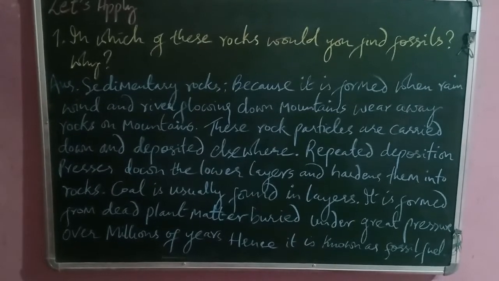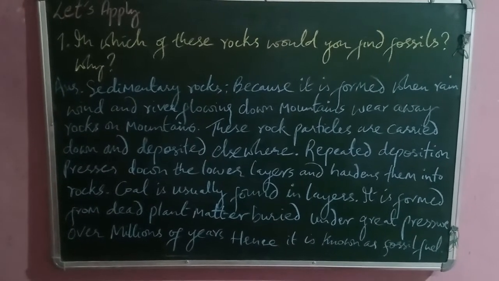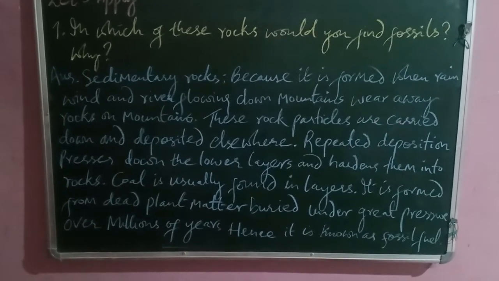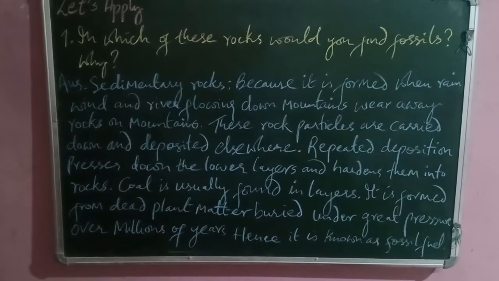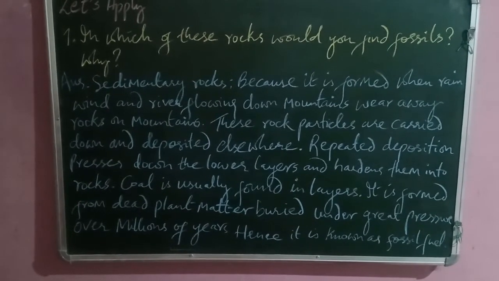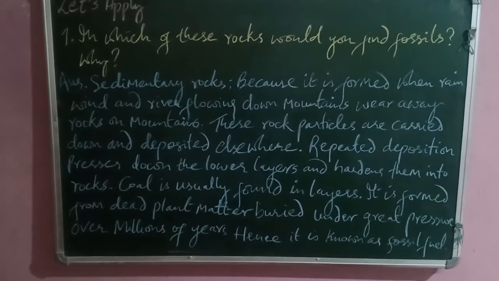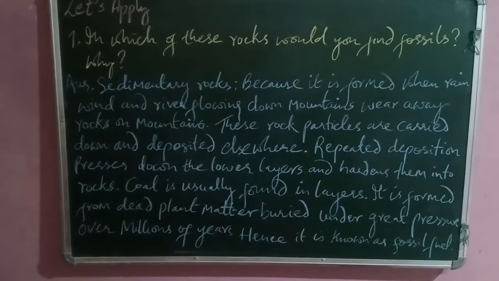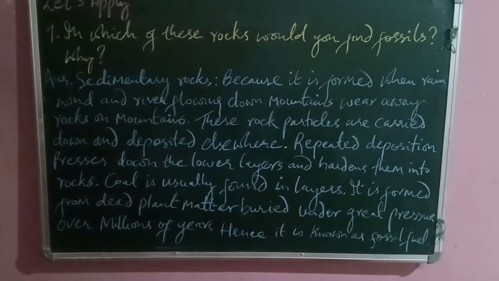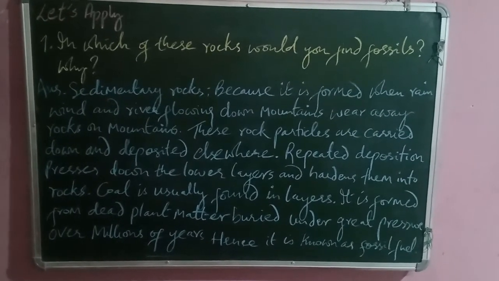Repeated deposition presses down the lower layers and hardens them into rocks. Coal is usually found in layers, full stop. It is formed from dead plant matter buried under great pressure over millions of years. Hence, it is known as a fossil fuel. Okay.